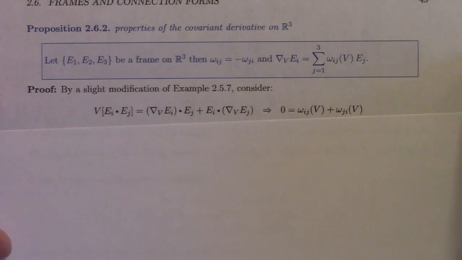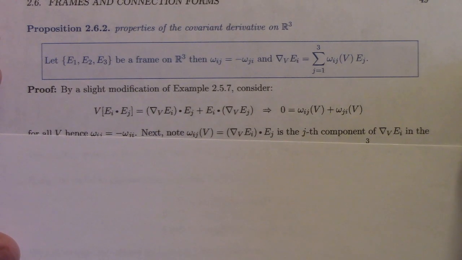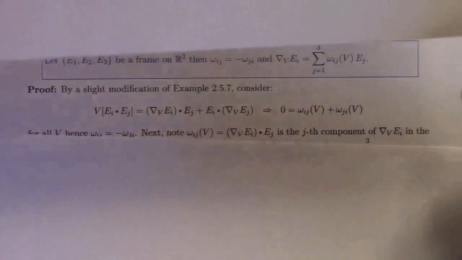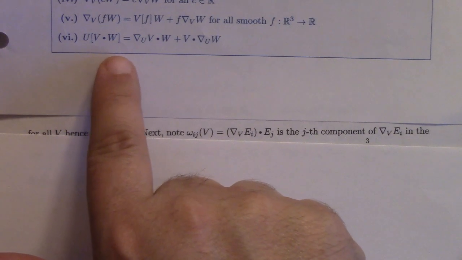The proof rests essentially on property 6 of the covariant derivative, which I think we used in example 2.57. Property 6 here says that u acting on a dot product is that.